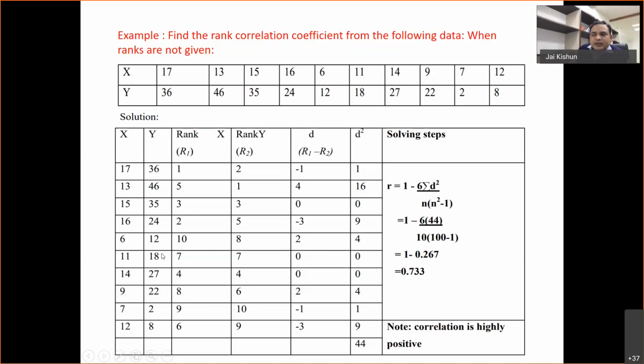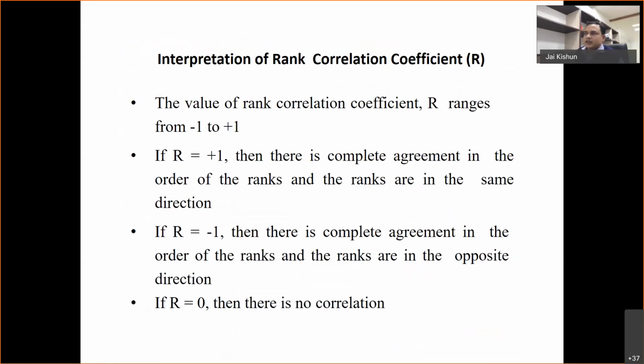This is how we assign the ranks. The other formula is the same. Once we have given the ranks, estimate the rank difference, then its square, and put it in the formula to get the R value. The interpretation is also similar; there is no difference.